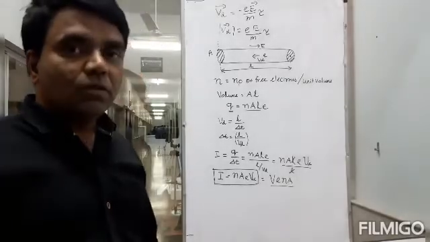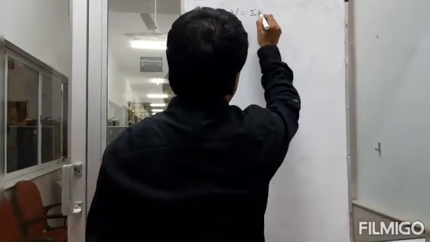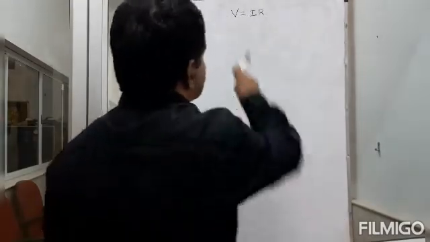Well, if I calculate the current, then I can calculate the resistance. Let's see how to do it. We know that V is equal to I into R. So what is V?